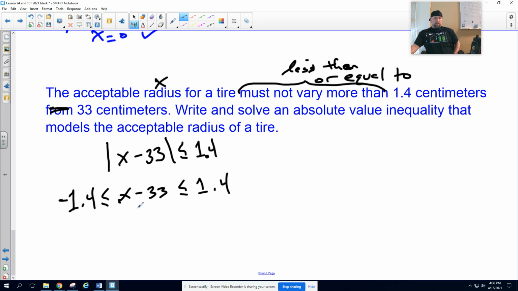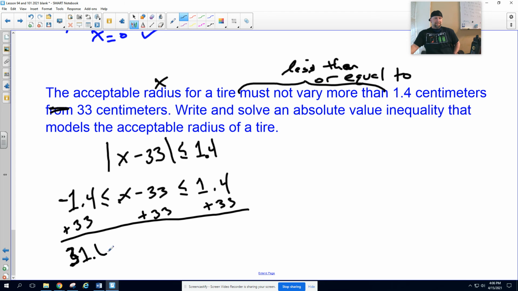And so when we add 33 to all parts, then we get 31.6 is less than or equal to x, which is less than or equal to 34.4.